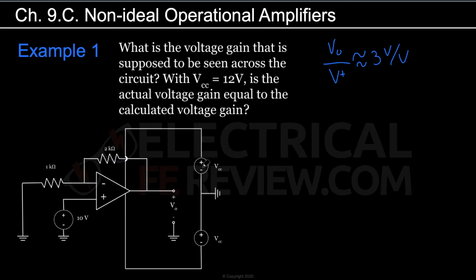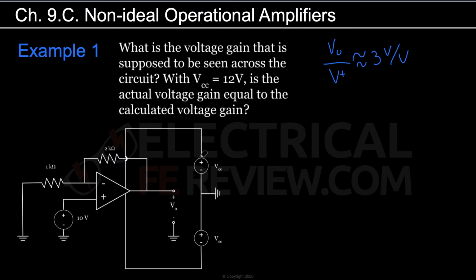With the way that an actual op-amp works, you need to provide it with a supply of voltage, and that's what the VCCs are. So the maximum output voltage that this can create is going to be whatever the maximum voltage is at VCC. So the highest voltage is going to be 12 volts and the lowest voltage is going to be minus 12 volts because of the way that our power supply is set up.